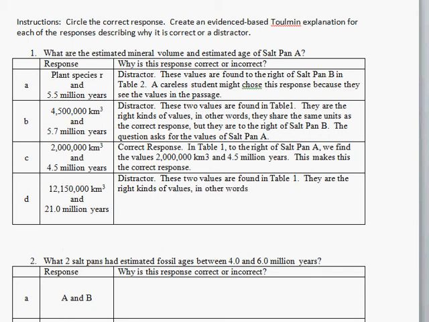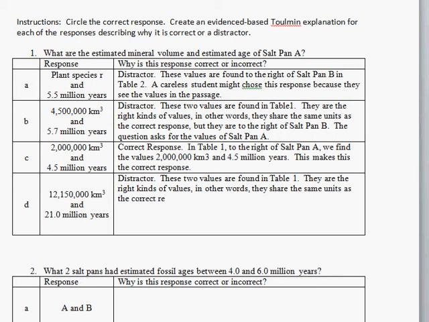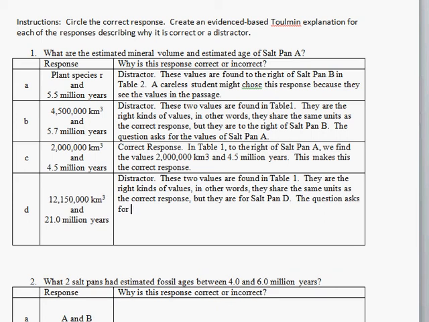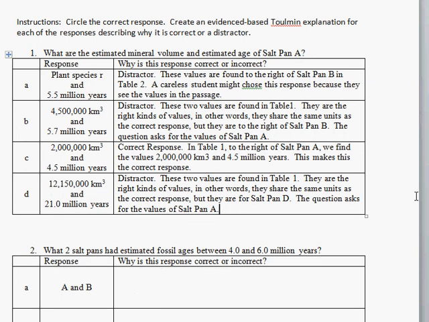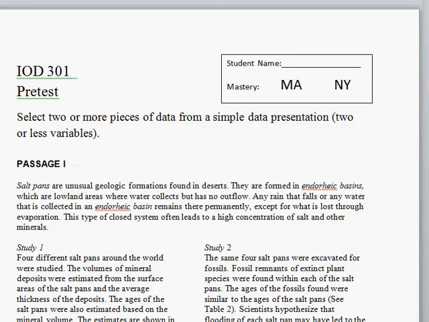In other words, they share the same units as the correct response, but they are for salt pan D. The question asks for the values of salt pan A. That is the explanation for question 1 for IOD 301.